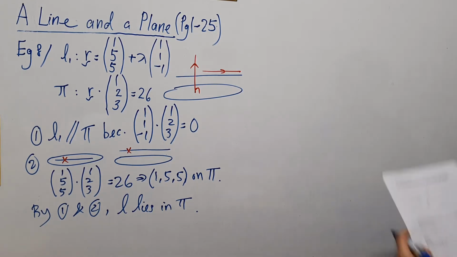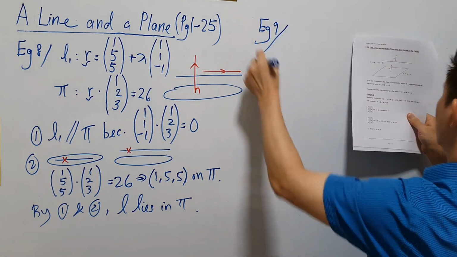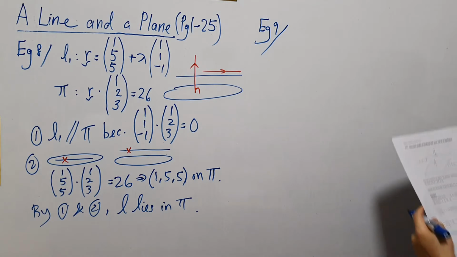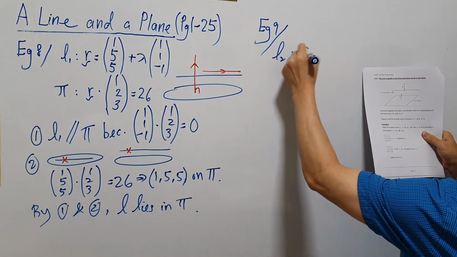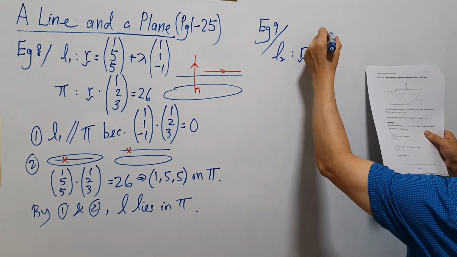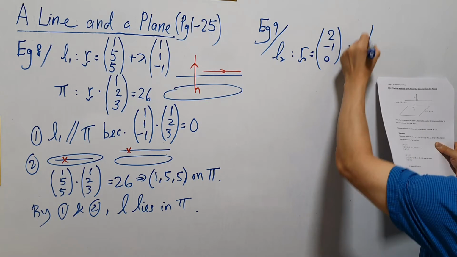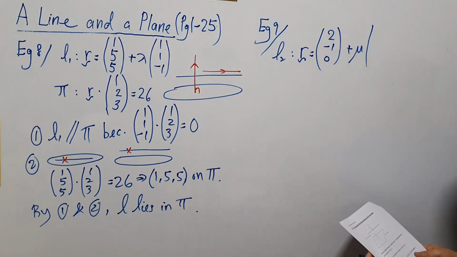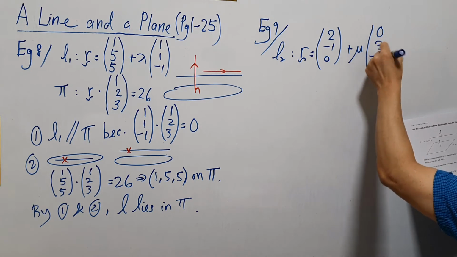In example 9, you have a similar thing. You are given a line L2: r equals, let me write in column vector form, (2, -1, 0) plus mu of (0, 3, -2).